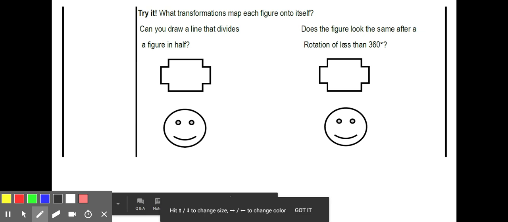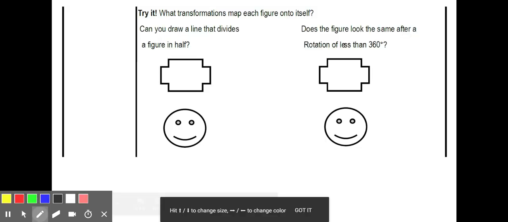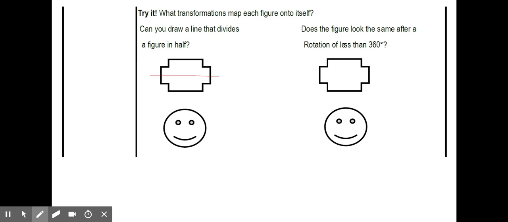So here's a question. Can you draw a line that divides a figure in half? Here we have almost a rectangle. So it looks like if I had a line in the center horizontally, the figure would fold into two equal pieces. Also, if I had a vertical line in the center, it could also divide the figure in half.